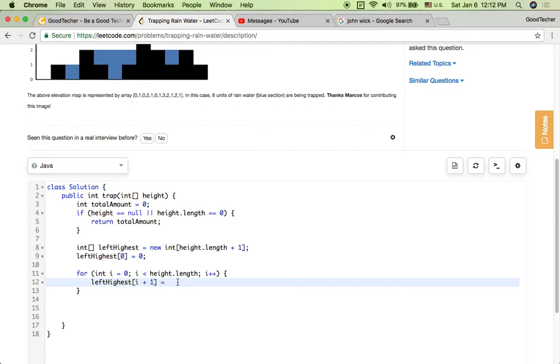So left highest i plus 1 is Math.max of the left highest i, comparing the previous left highest and the current bar height.